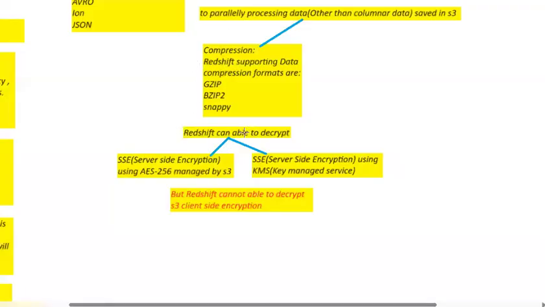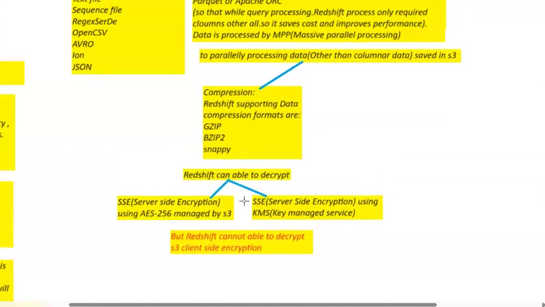Redshift can decrypt files which are encrypted using server side encryption with AES 256, Advanced Encryption Standard 256 managed by S3, and it can also decrypt files encrypted using server side encryption with KMS, Key Management Service. But Redshift cannot decrypt files which are encrypted using S3 client side encryption.